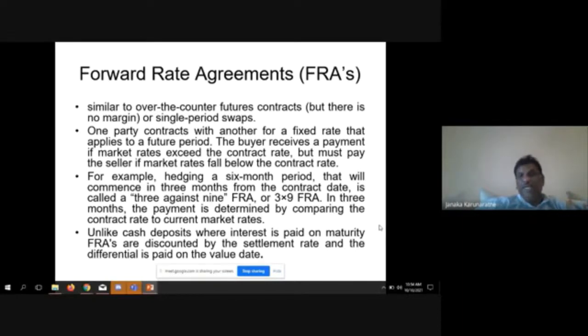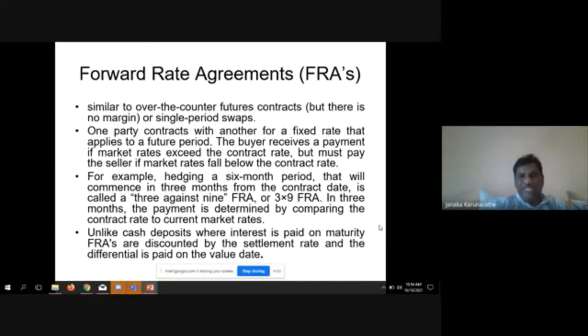Then if the market interest rate goes above 9%, the difference will be settled to you by the seller. But remember, if the market interest rate falls, you have to settle the difference to the seller.